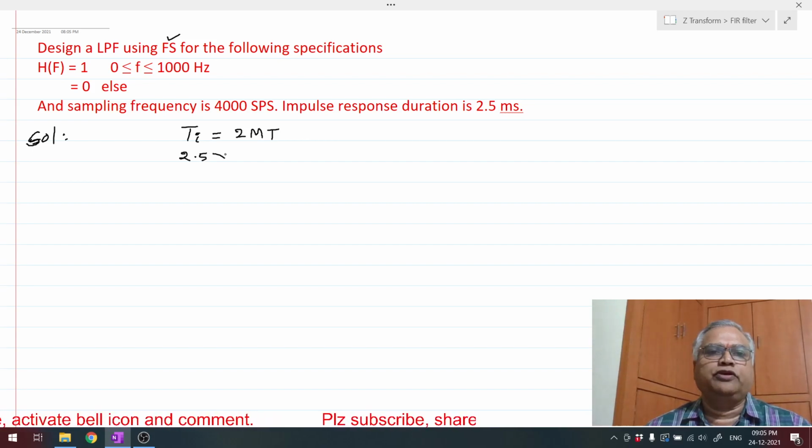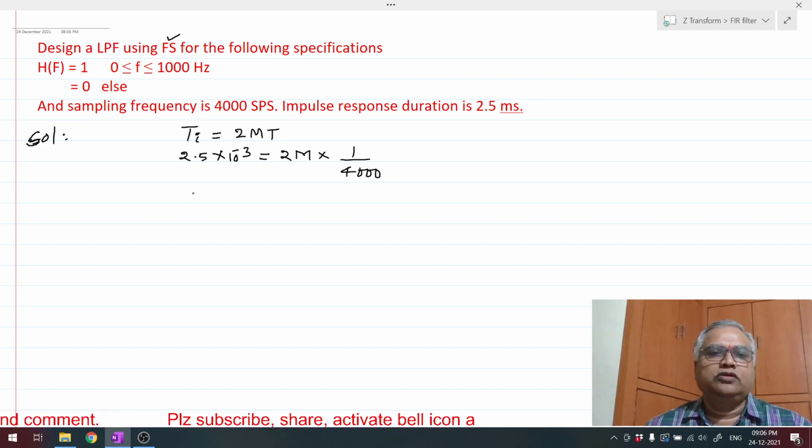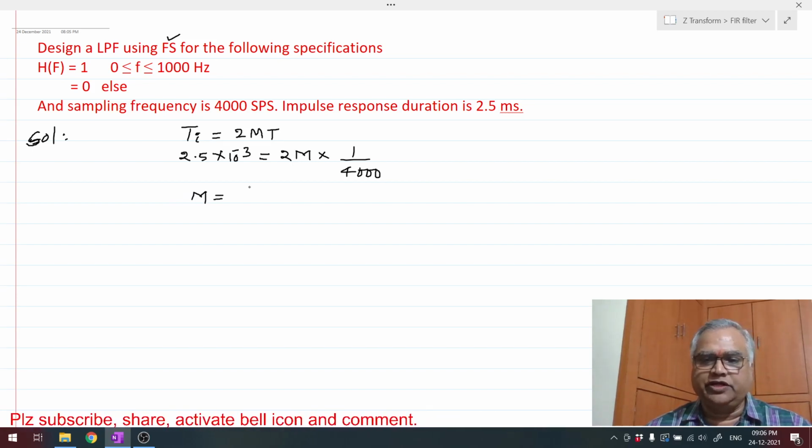So 2.5 into 10 power minus 3 equal to 2mT. So this T is 1 by 4000. Solve for m, we will get 5.